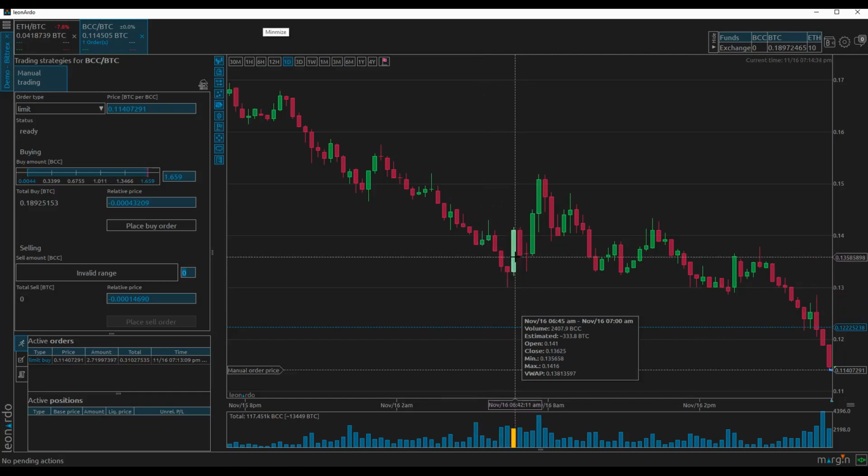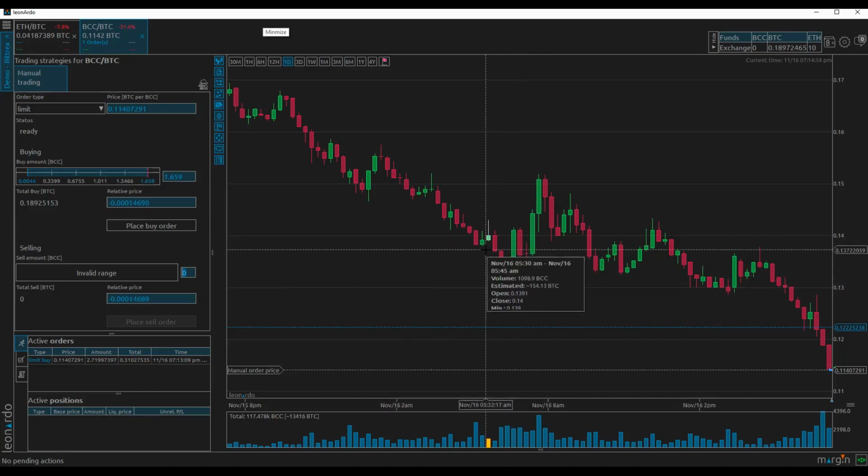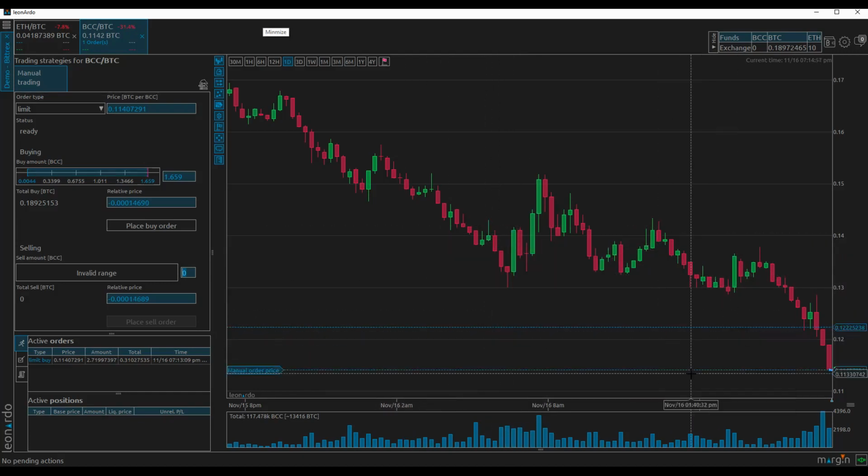Now this little window also gives you all sorts of information: the volume of the candlestick, how much it was in Bitcoin Cash and Bitcoin, the opening value, the close, the minimum and the maximum. So it gives all that info, like a regular graph. So it's pretty neat and it works pretty good.